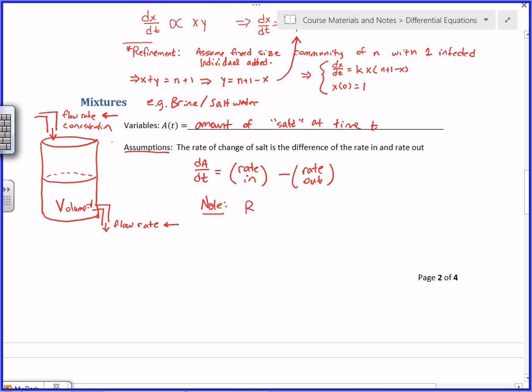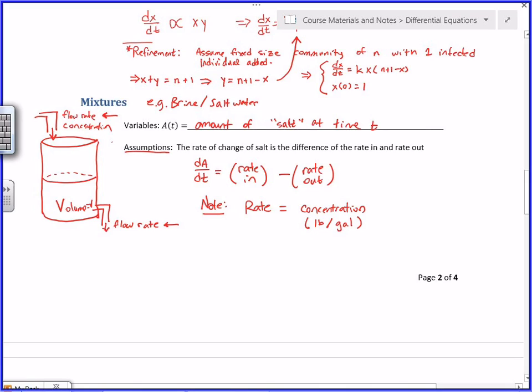So the rate, in either case, rate in or rate out, is always going to be whatever the concentration is, which is typically a unit like pounds per gallon, right? Weight per unit volume. So you have 3 pounds per gallon of salt. That's actually a lot. You have 3 pounds per 100 gallons of salt. I don't know if you can dissolve that much salt into 1 gallon, but you'll have something that makes sense, okay?